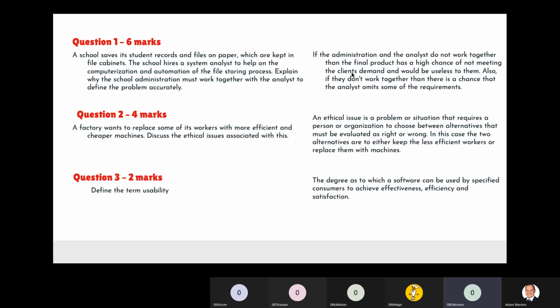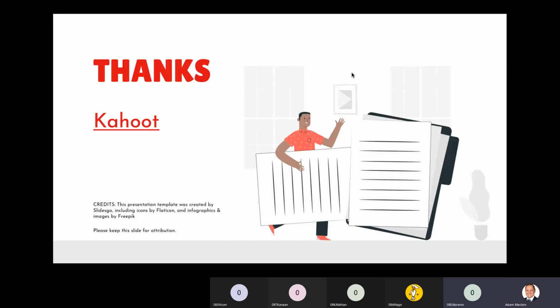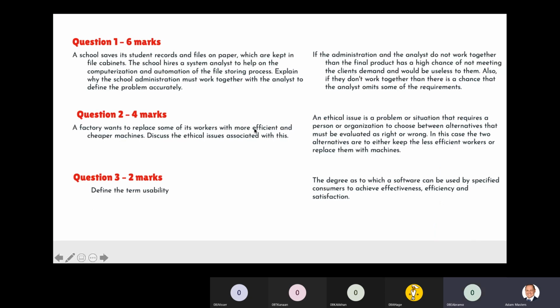Yeah, the degree to which software can be used by a specified consumer to achieve effectiveness, efficiency, and satisfaction. That's an exam question that I've seen. Go back again. Yeah, efficiency, effectiveness, and satisfaction. Yeah, I pulled these off past papers. I can only find 3 questions related to this, so here they are.